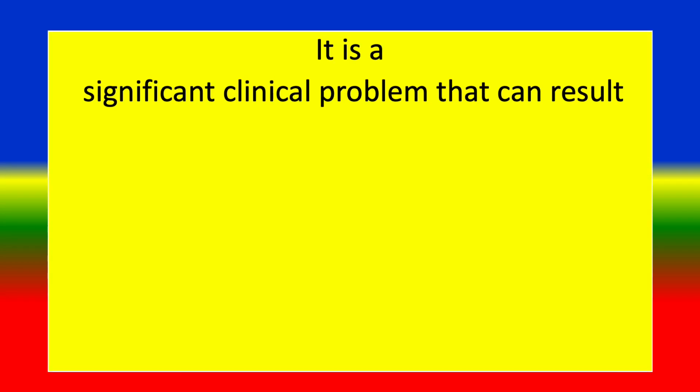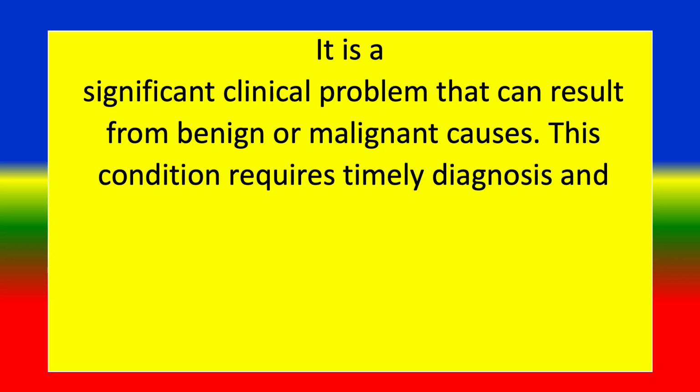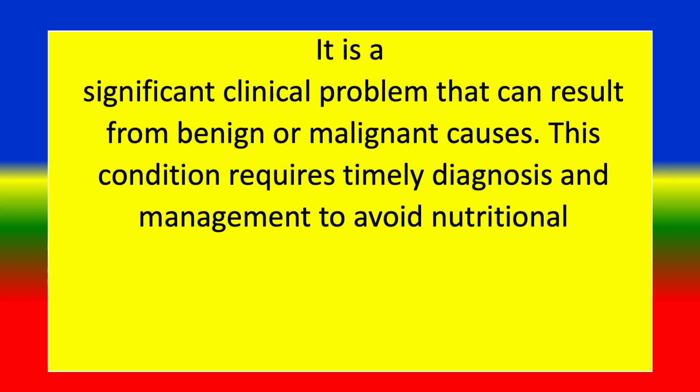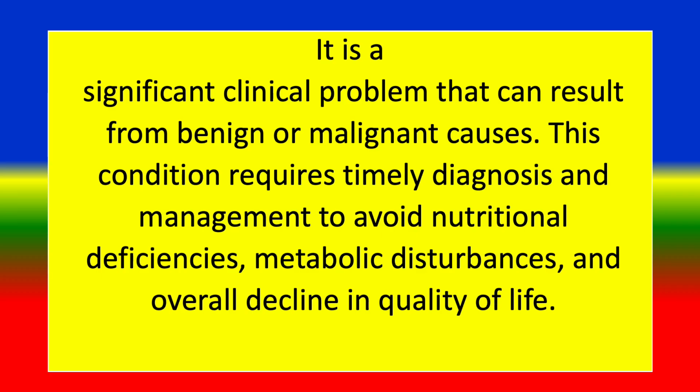It is a significant clinical problem that can result from benign or malignant causes. This condition requires timely diagnosis and management to avoid nutritional deficiency, metabolic disturbances, and overall decline in quality of life.